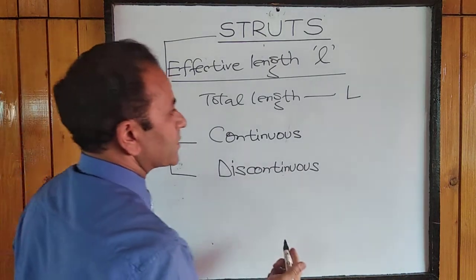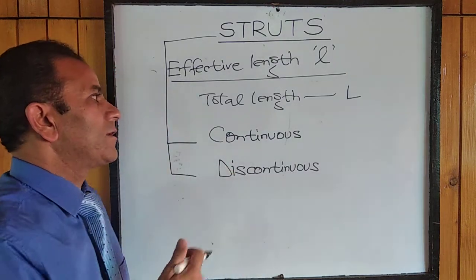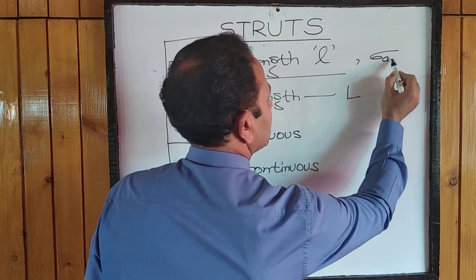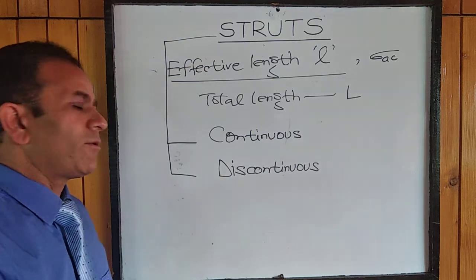as per the IS code provision. So IS code has given various provisions for effective length as well as the permissible axial stress to be taken for the particular cases. So it depends upon case to case.